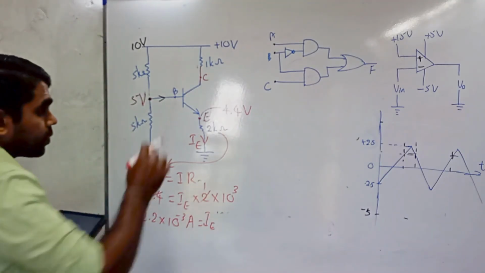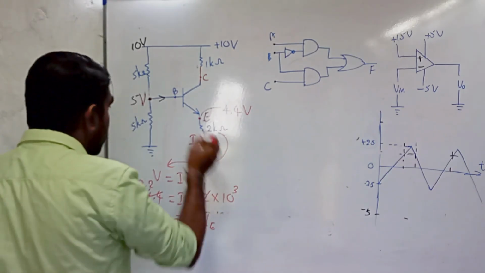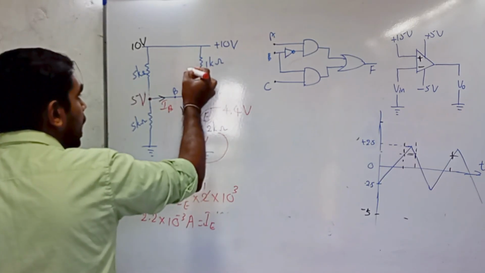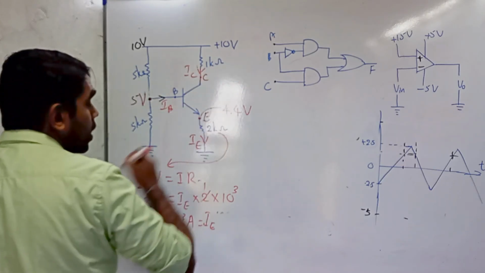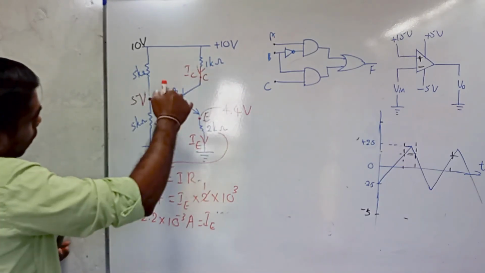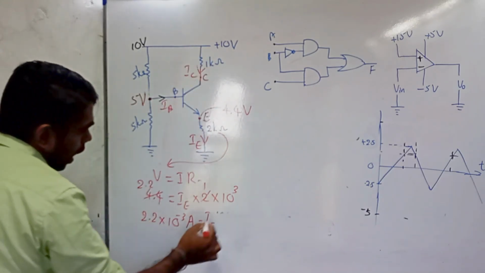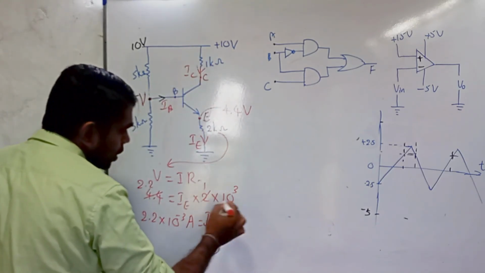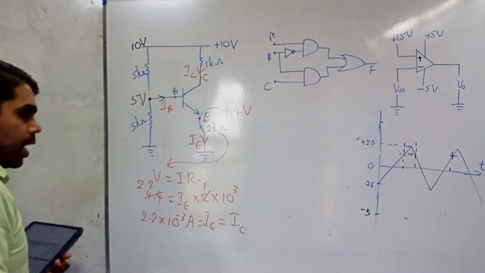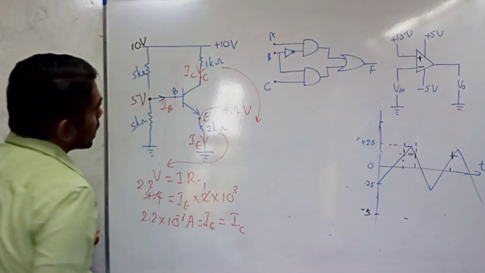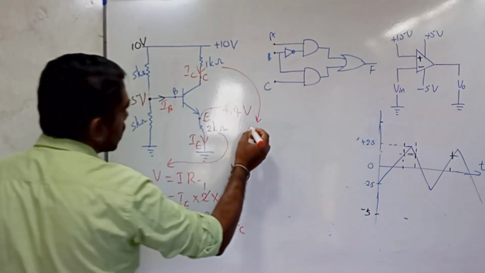When considering that the base current is negligible, we know that base current plus collector current should be equal to emitter current. Therefore, if IB is a small value, IC equals IE. Therefore, this value is equal to IC. Then we can use V equals IR for this 1 kilo ohm resistor.